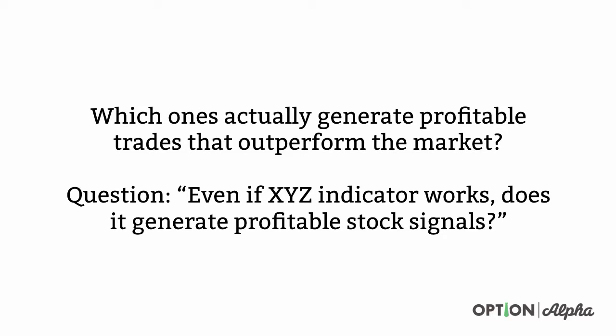Which ones actually generate a profitable trade that outperforms the market? Even if you did find XYZ indicator that is reliable, with good signals that work more often than not, does it actually generate profits? When it works, do the profits overshadow the potential losses when it doesn't? I think that's a real key question that not enough people ask in this industry.